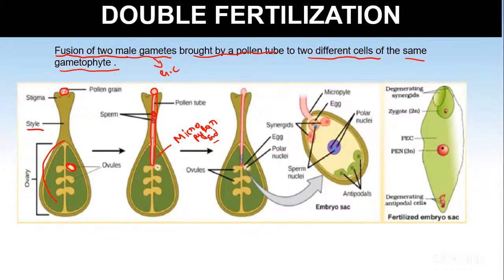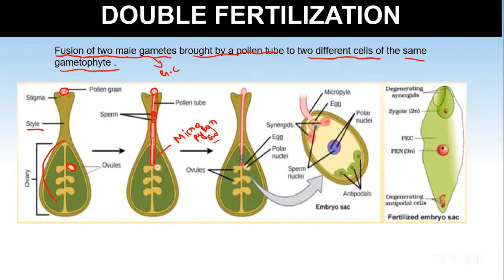Sometimes what will happen, guys? If the pollen tube is carrying only one generative cell, then during pollen tube formation, another generative cell is going to be formed by the mitosis of the generative cell. I told you in the last class, right? Most of the gymnosperms, 60%, are shed at the two cell stage. Two cell stage means one vegetative cell and one generative cell, right?